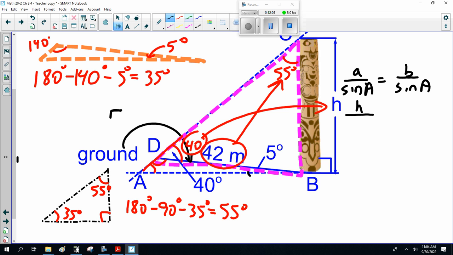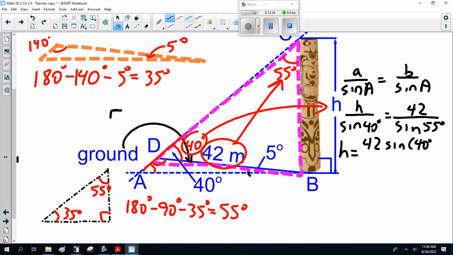So my height divided by sine of 40 degrees equals 42 meters divided by sine of 55. So height is 42 sine 40 divided by sine of 55.